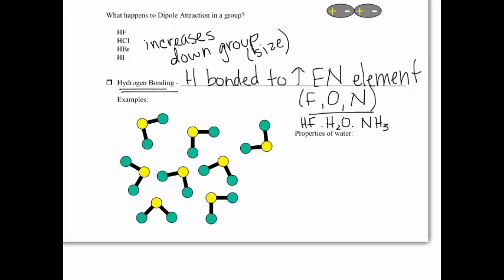So these are supposed to represent water molecules. The yellow ones are oxygen and the green ones are hydrogen. If you recall when we talked about bonding, the oxygen is going to have a much higher electronegativity, so the electrons are going to spend more time with oxygen than they do with hydrogen.